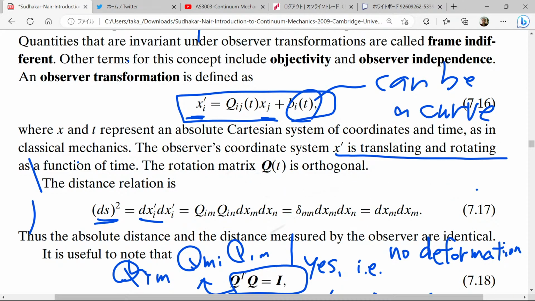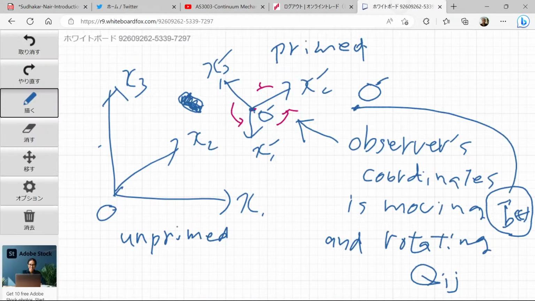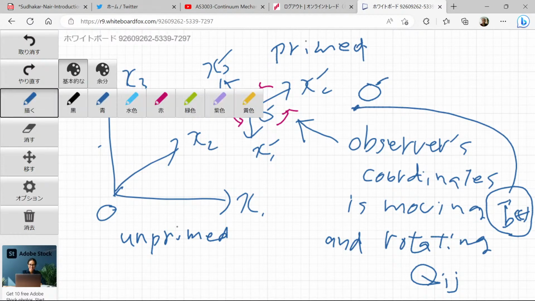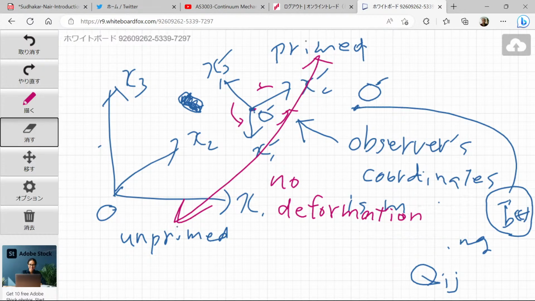Here we don't consider deformation. So the primed coordinate is not deformed from the unprimed. This relation is no deformation. There is no deformation between primed and unprimed coordinates.